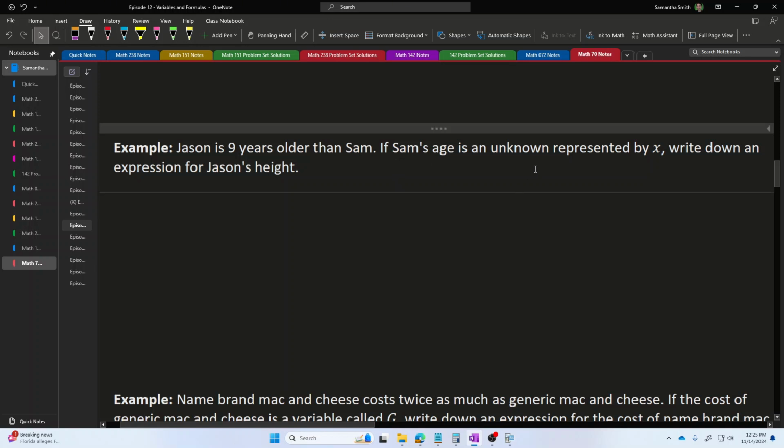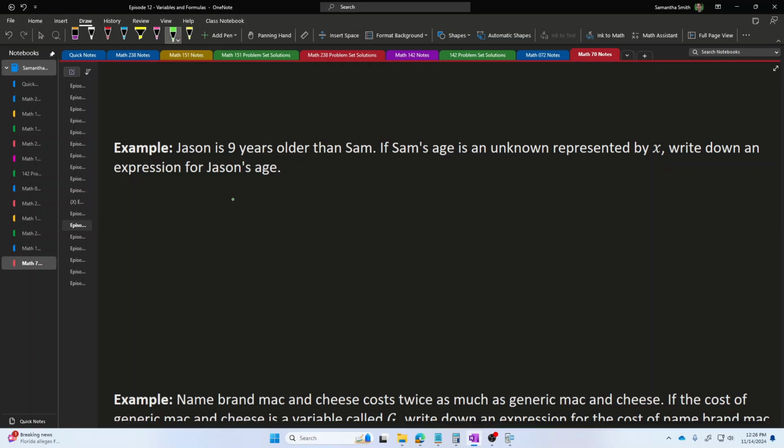My age is going to be represented by an unknown, a variable, and maybe, for example, I'll use the letter X to write down my unknown age. If I wanted to calculate Jason's age from mine, what expression would I write down to capture how somebody would calculate Jason's age from my age if they ever figured out how old I am?